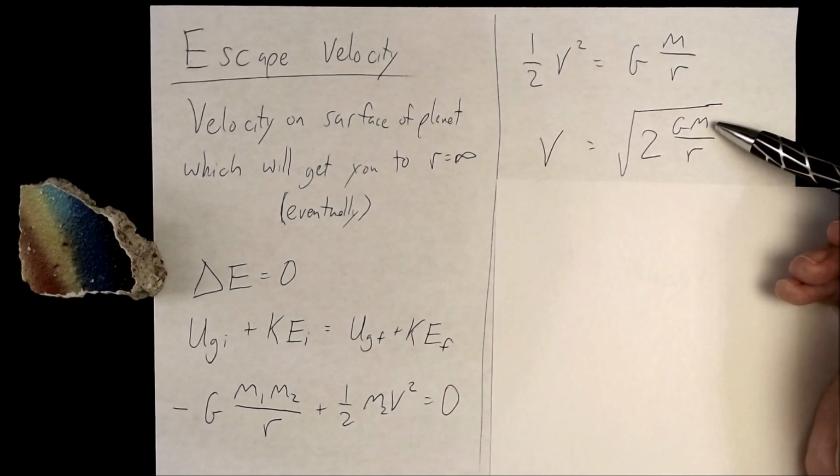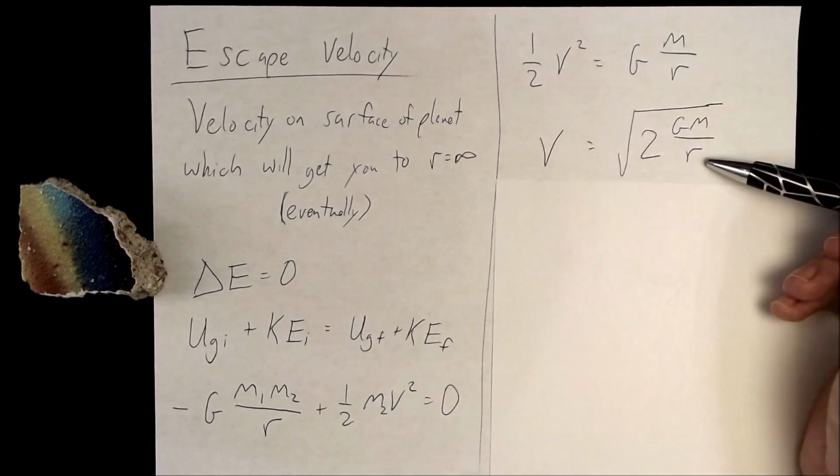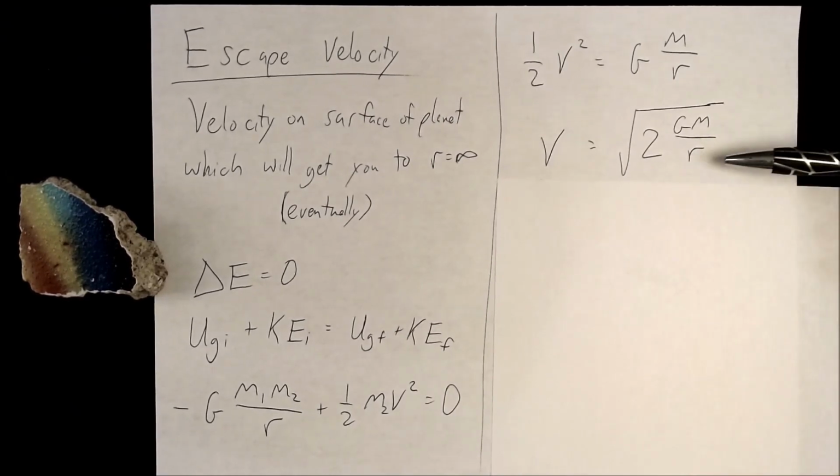Times the mass, that's the mass of the planet. So for Earth, it's 5.97 times 10 to the 24 kilograms, divided by r, so radius of whatever object that you're dealing with, 6,371 kilometers, so multiply that by 1,000 because we need everything in meters for the Earth.